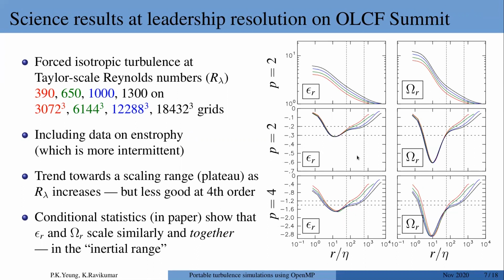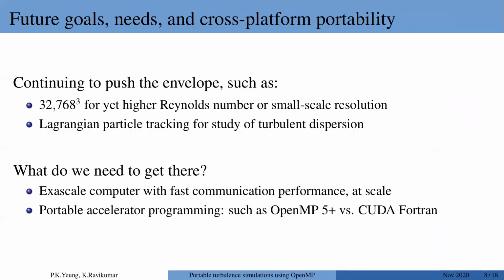Not as well as for fourth order, because that is a more challenging problem in terms of the sampling. But what we have found is that in the middle of the so-called universal range of scales, these two variables behave very similarly. That we could not be sure of if I did not have data at a sufficiently high Reynolds number.